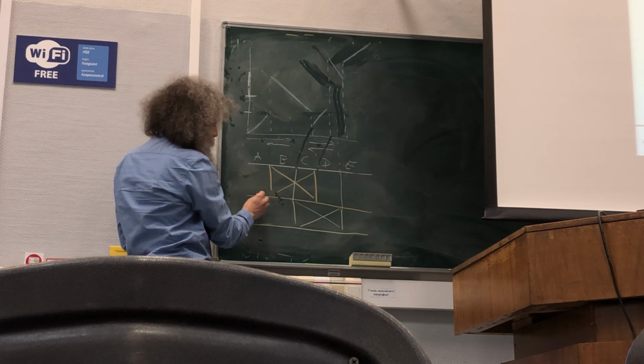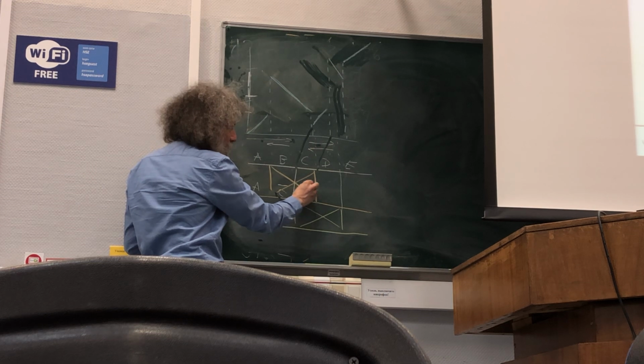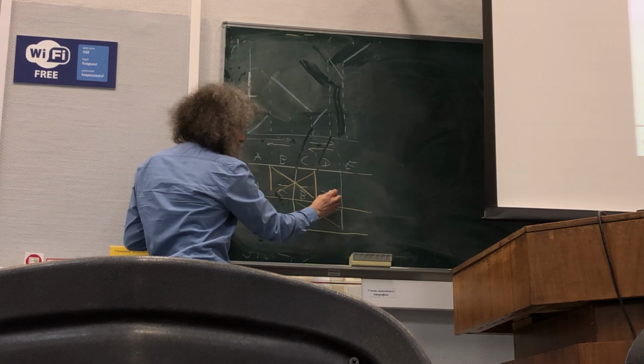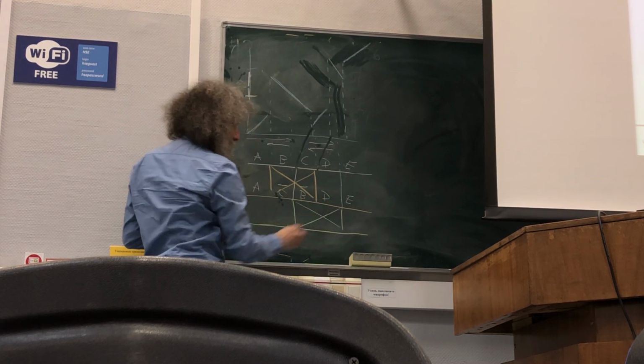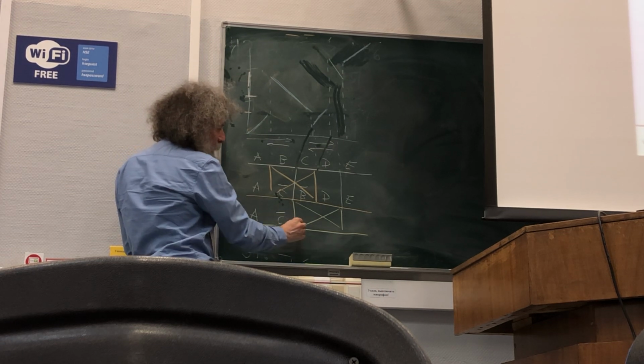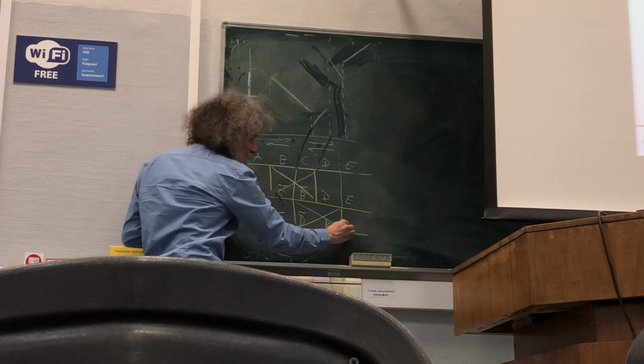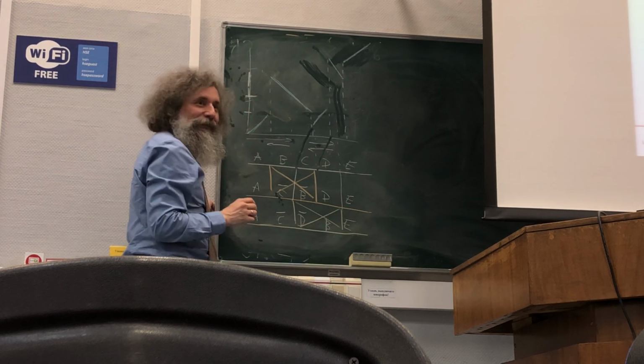After the first inversion, we have A, C inverted, B inverted, D, E. After the second inversion, we have A, C inverted, D inverted, B direct, E direct.